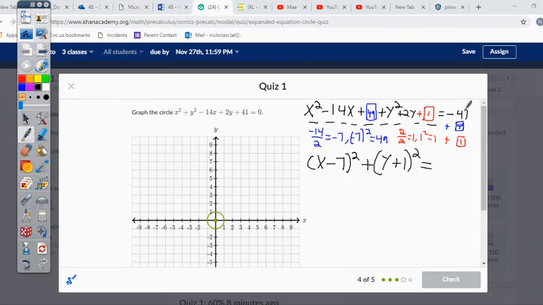So -41 plus 49 plus 1, that's going to equal 9. Because -41 plus 49 is 8, and 8 plus 1 is 9.